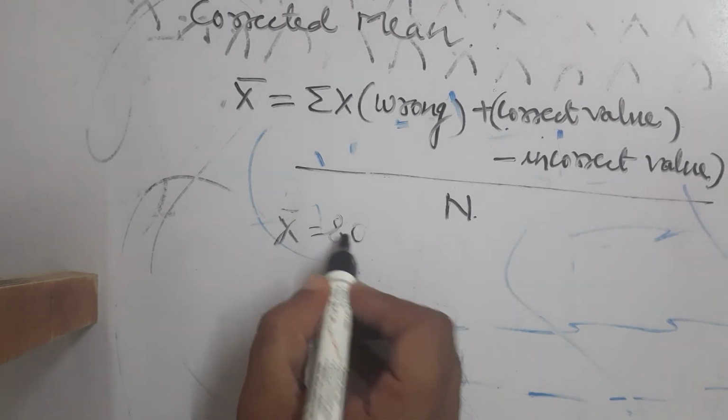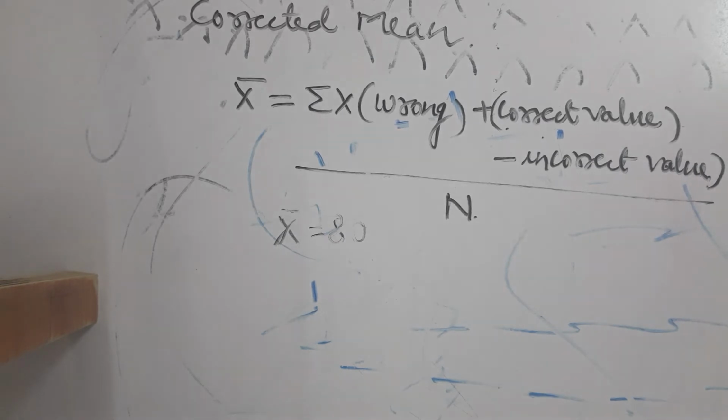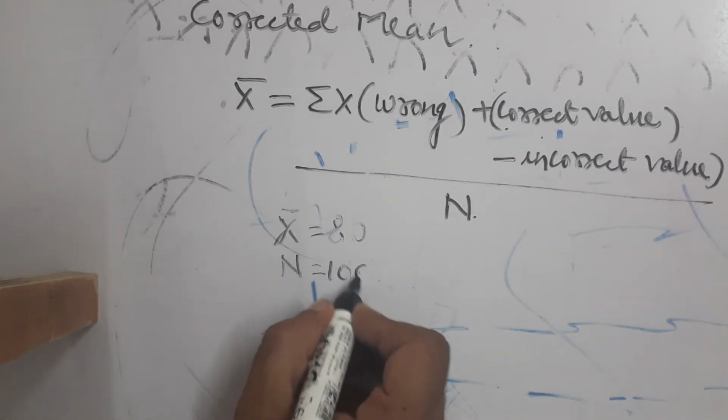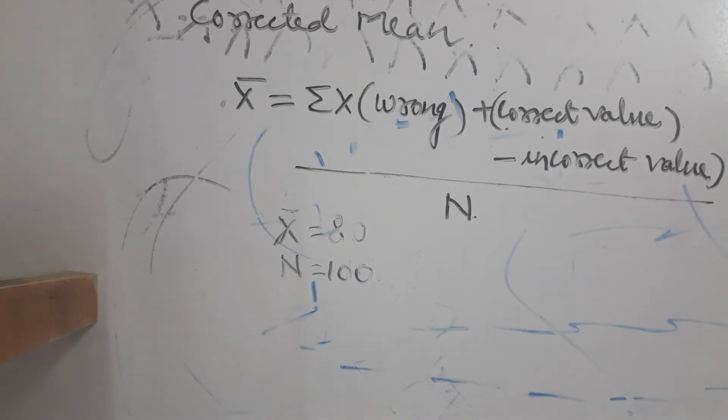The marks are of 100 students, so n equal to 100. Later on, it is found that one value was read as 86 instead of 26.